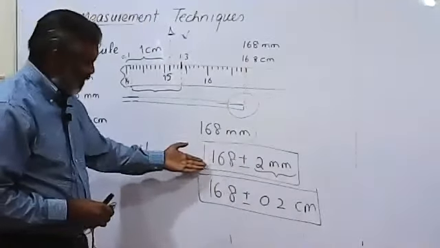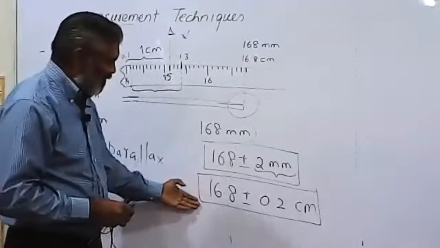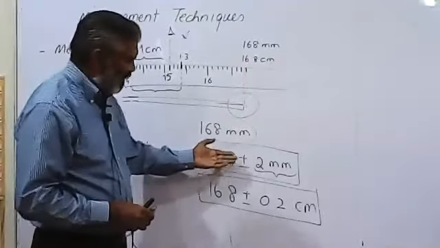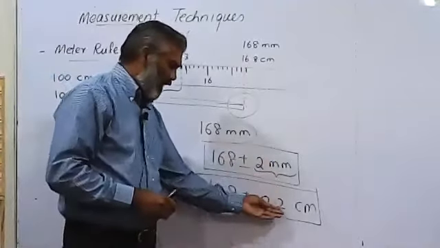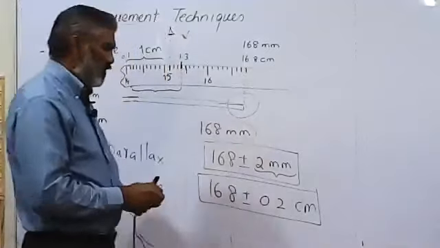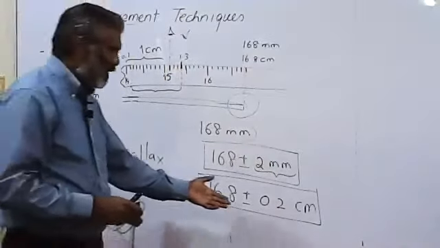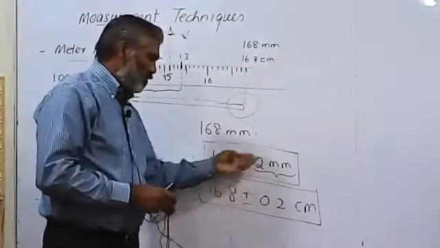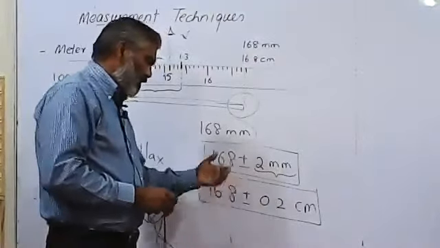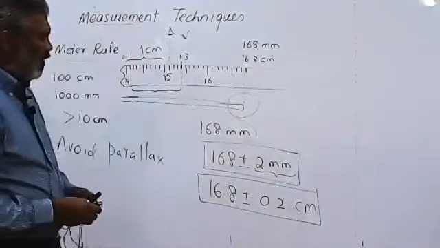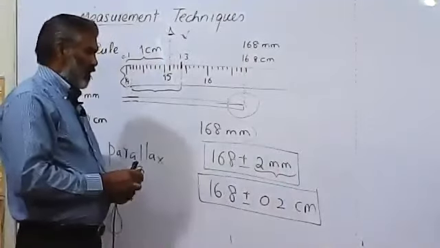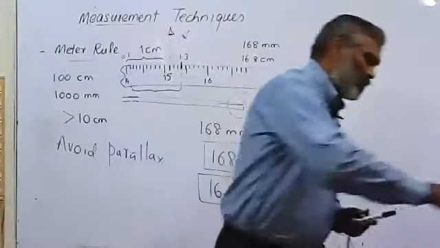And if that is to be expressed in centimeters, this is divided by 10, this is divided by 10, and both these numbers change to centimeter scale. So this is an important thing to remember, and we'll discuss it in more detail and what else we can do with this doubt.